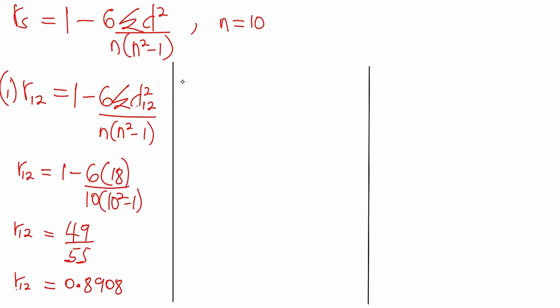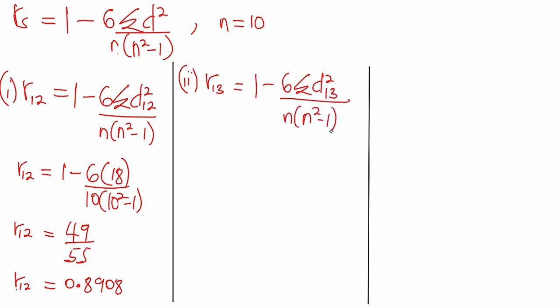We proceed to the second one, that is the Spearman rank correlation coefficient for examiner 1 and 3, which is given by the R of 1, 3, which is equal to 1 minus 6 sigma d squared of 1, 3 divided by n into bracket n squared minus 1.